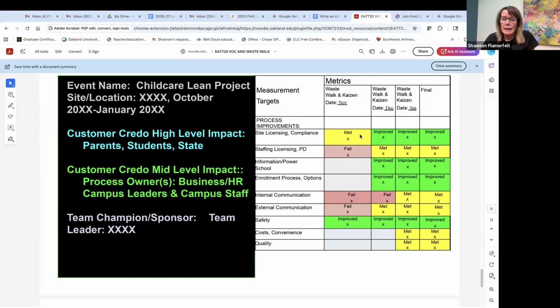And then we went ahead and just said, okay, at the end of November, where were we? And some of them we did okay. Some of them we failed. Some of them we hit the mark. And so, of course, with safety, that was really important to hit that right away, as would be the site licensing and then the staffing also. So as we went through the months, then we kept track.